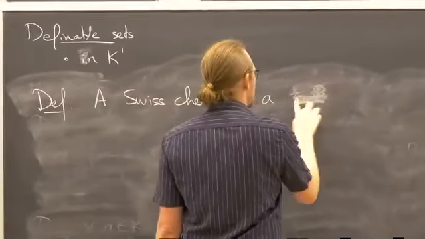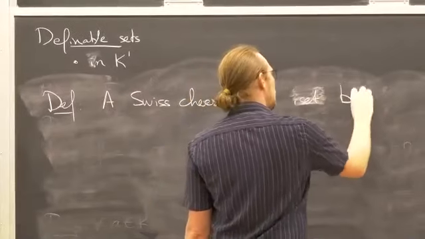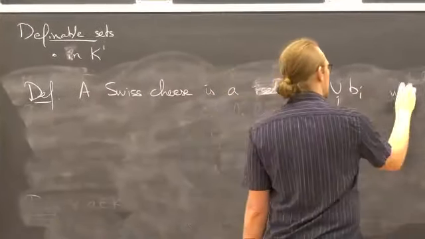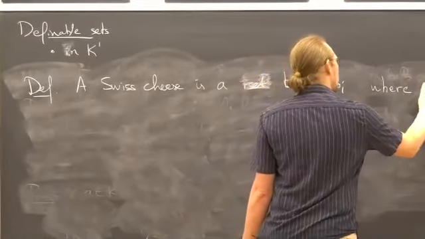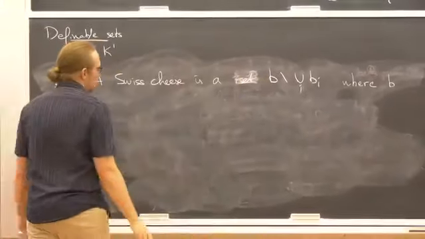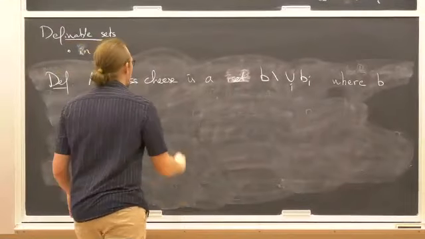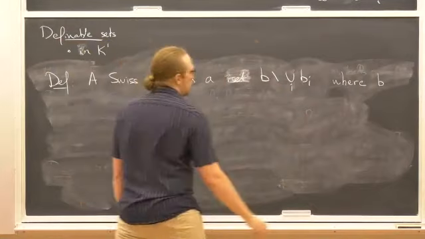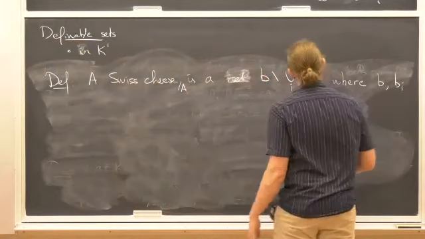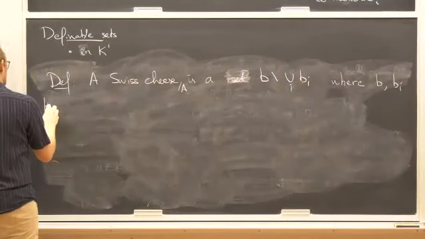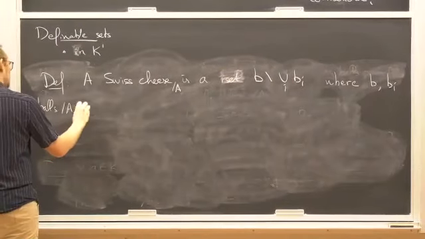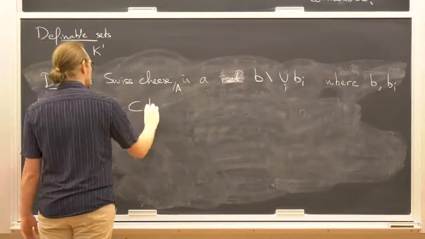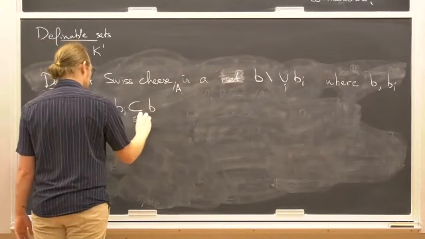So it's a set B minus the union of the B_i, where B and the B_i are balls over A, and the B_i are strictly included in B. So this is strict.